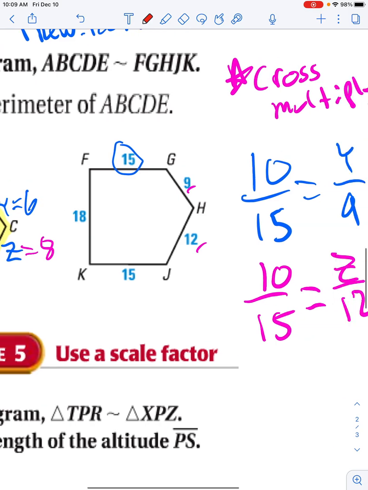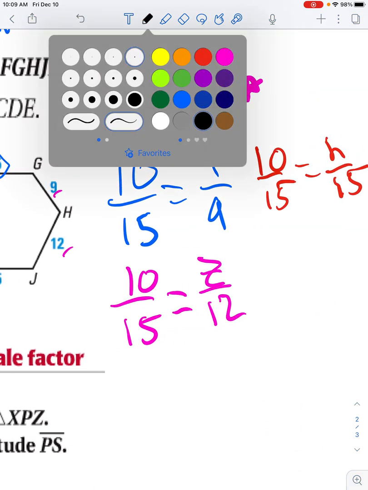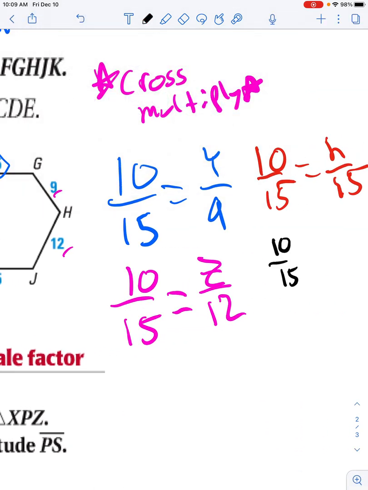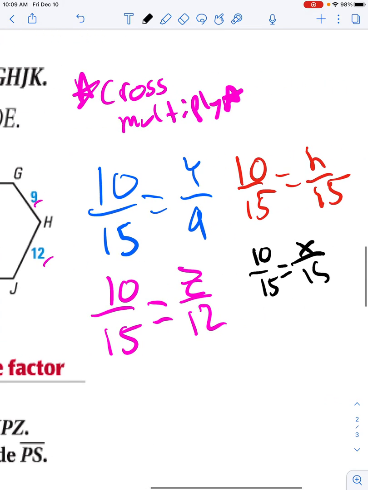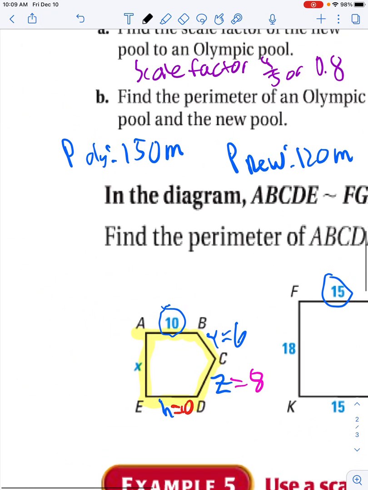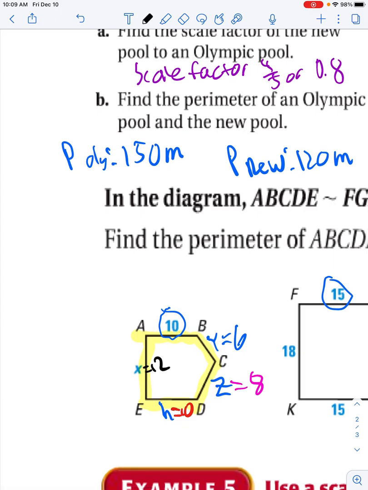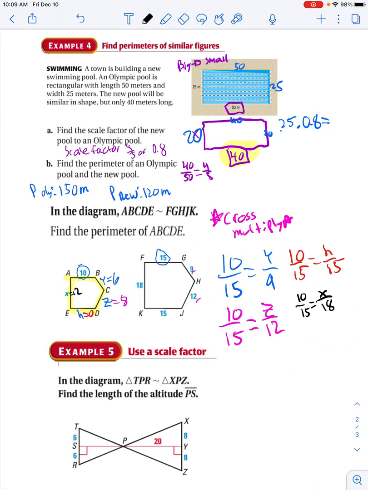And my last one is going to be 10 over 15 equals X over 18. 18 times 10 divided by 15, and you get an answer of 12.